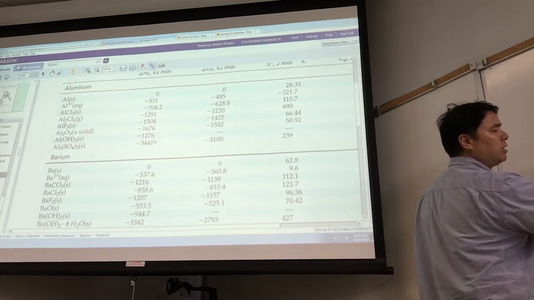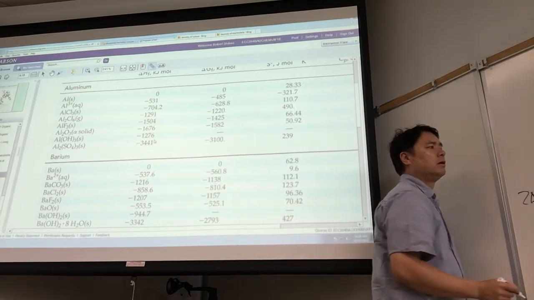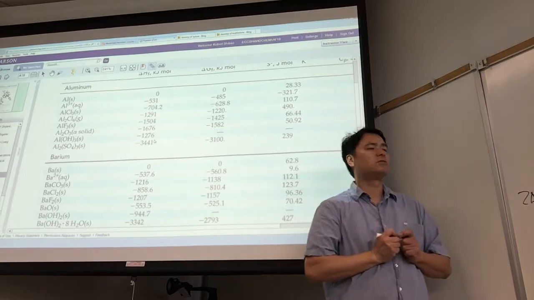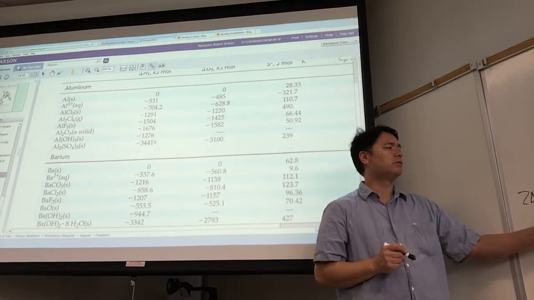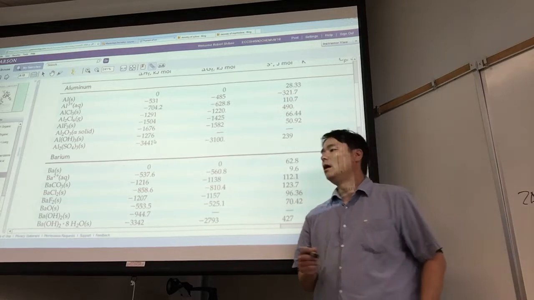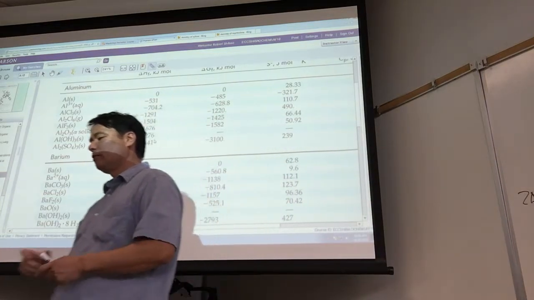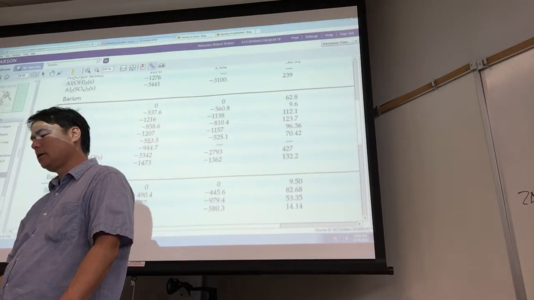And we need 12 of those, so we need 6 O2 gas. And so this is the formation reaction here. We're forming aluminum sulfate from aluminum, sulfur, and oxygen. All these reactions are the same, so we can figure out the equation for each of these delta H's here.